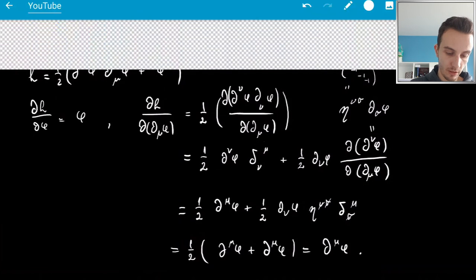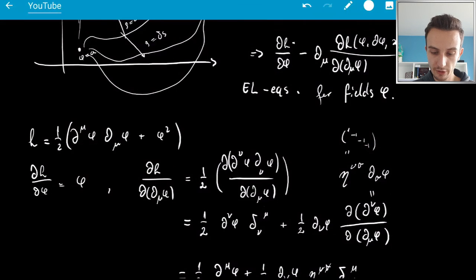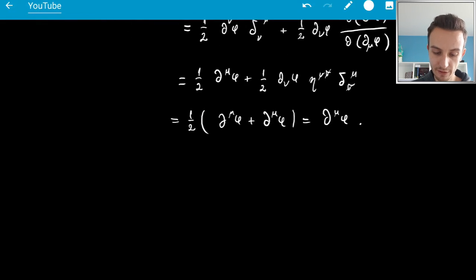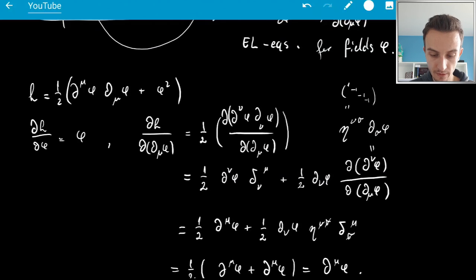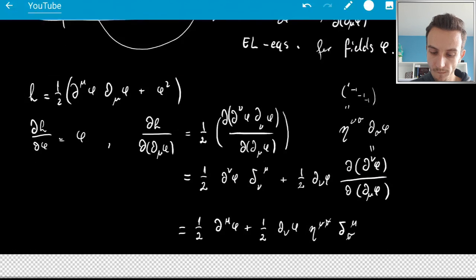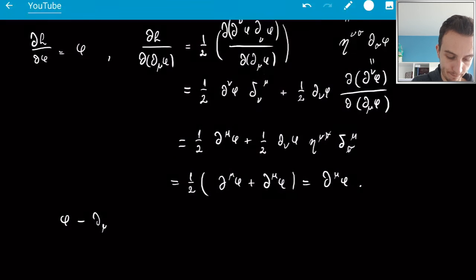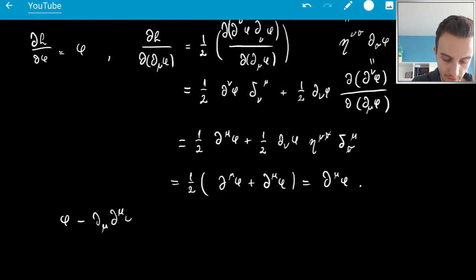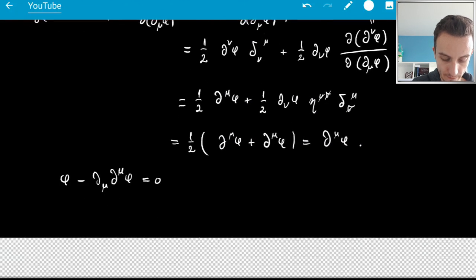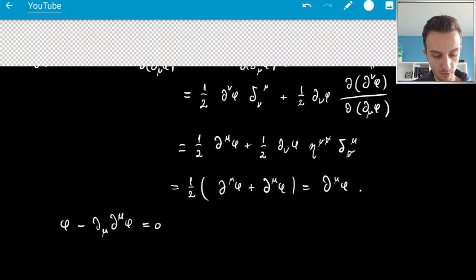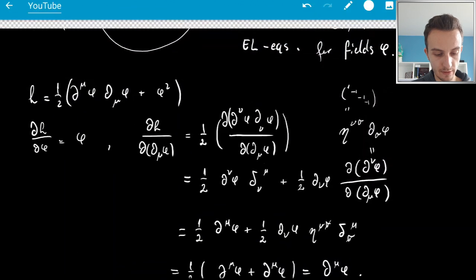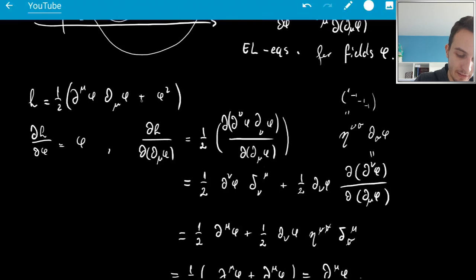And so from the Euler-Lagrange equations, let's just copy this. I forgot to add the 0 there. So we have that phi minus d mu d mu phi is 0, or rather, there should probably be a minus here.